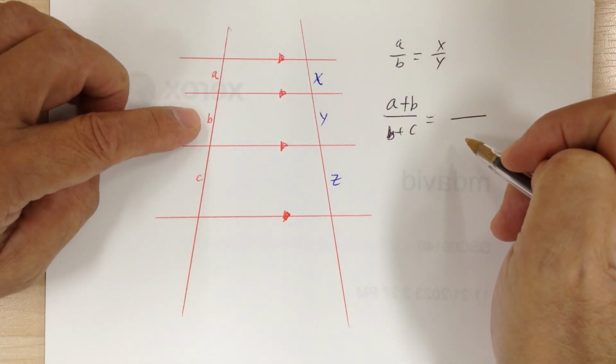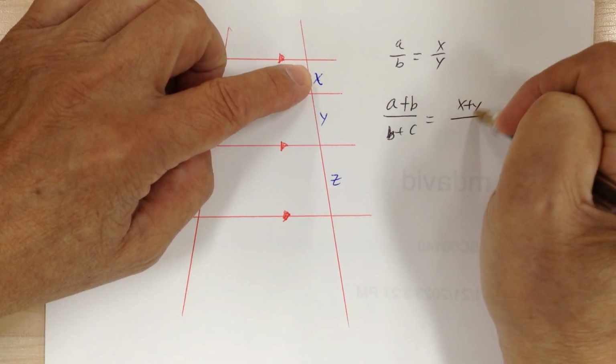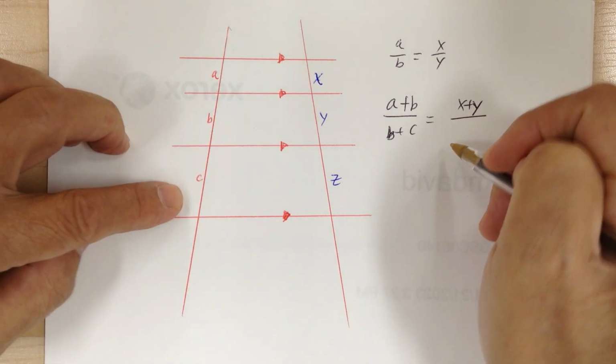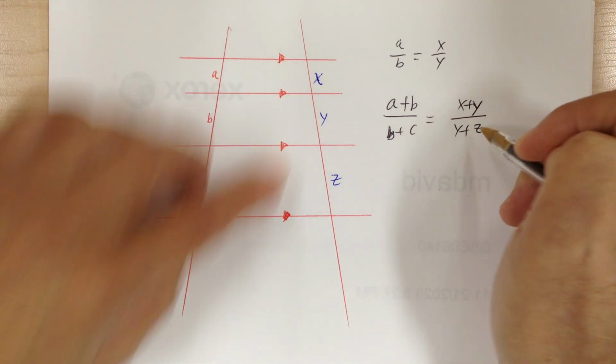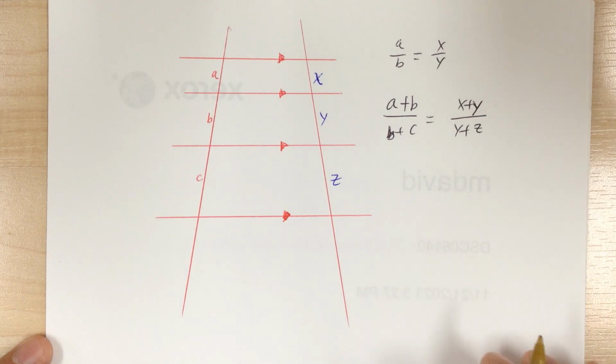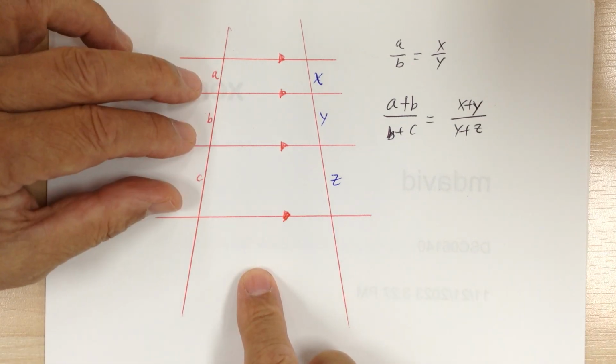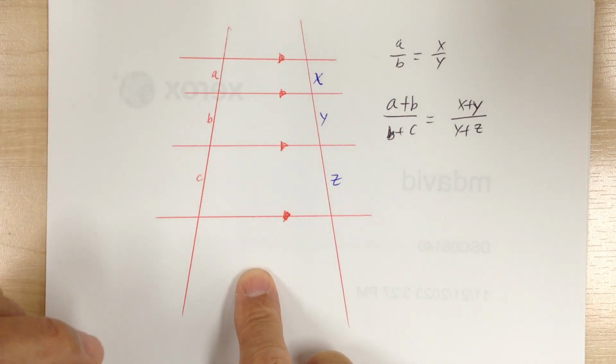A plus B matches with X plus Y, and B plus C matches with Y plus Z. So whatever this side is, you match it up. That's how you write the proportions.